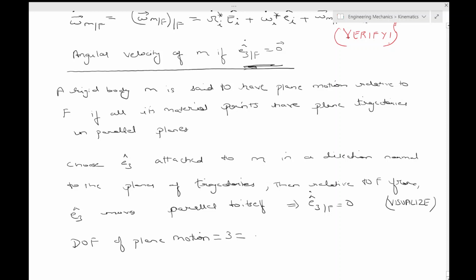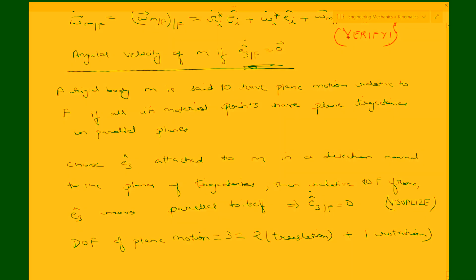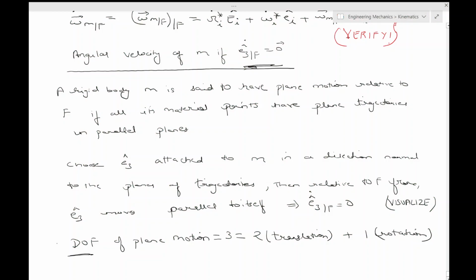It is 2 for translation, in the xy or whatever direction you want, and 1 for rotation. So this is for a rigid body, not for a point particle, obviously. We left that boat long back. We have been talking about rigid bodies.